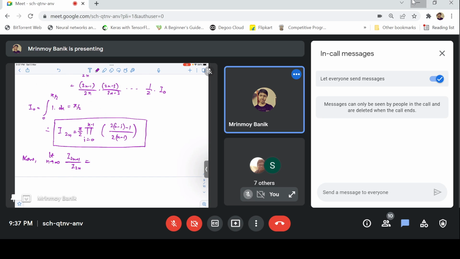So now it's the limit n tends to infinity of this thing.